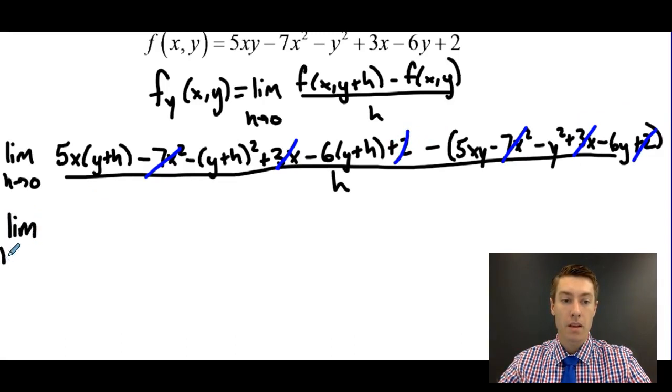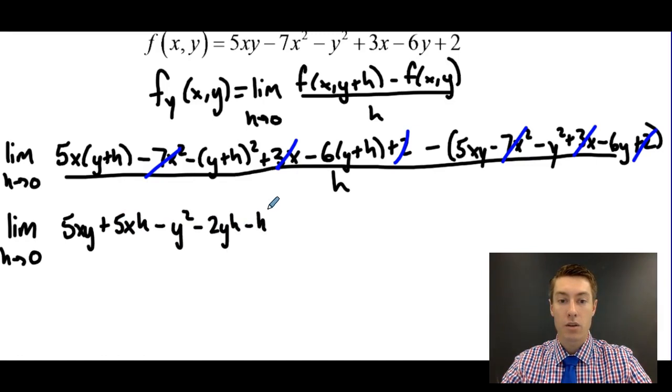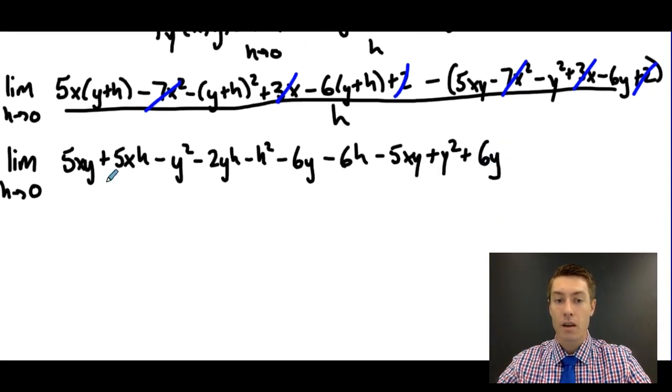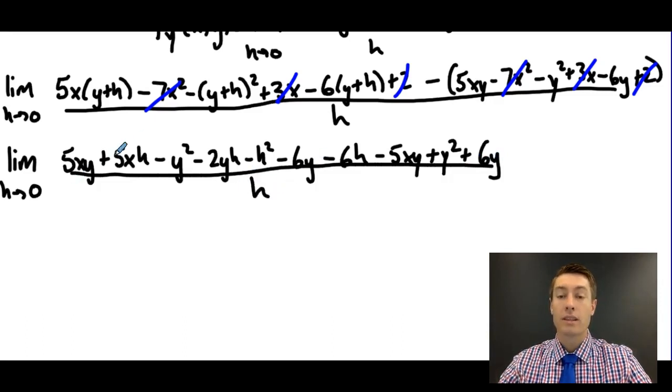So we have the limit as h approaches 0 of 5xy plus 5xh minus y squared minus 2yh minus h squared minus 6y minus 6h minus 5xy plus y squared plus 6y, and that's all over h. We can simplify again. 5xy minus 5xy, minus y squared plus y squared, minus 6y plus 6y.